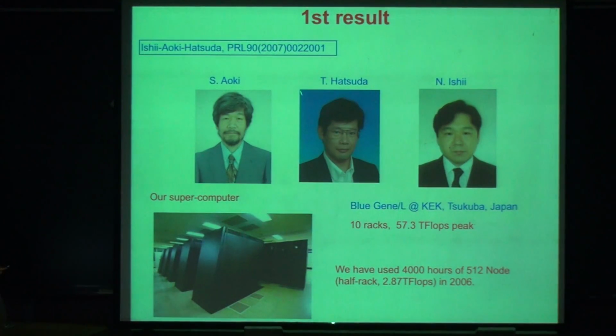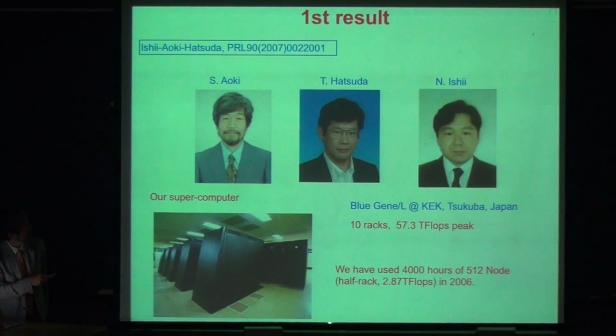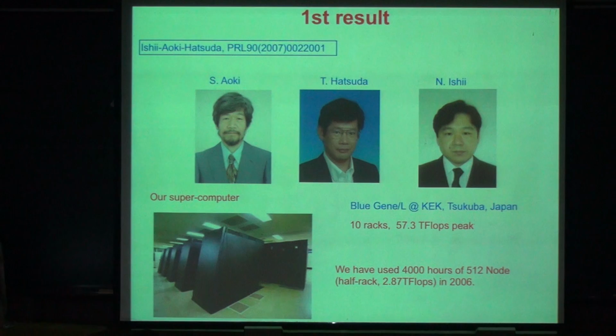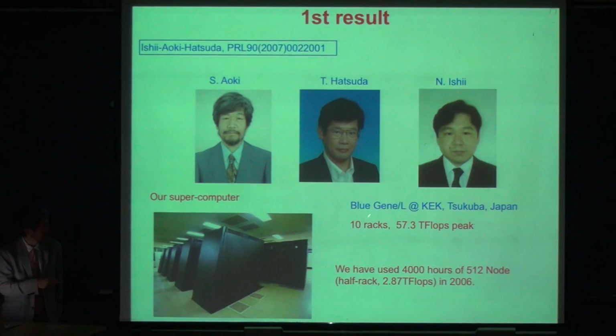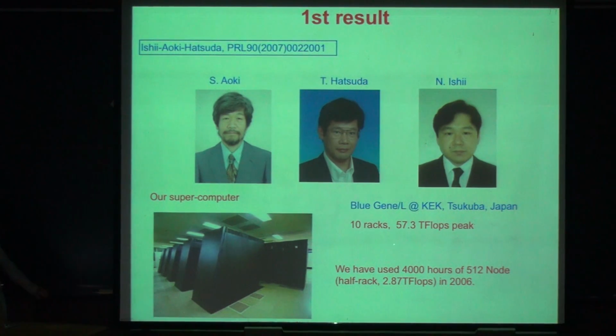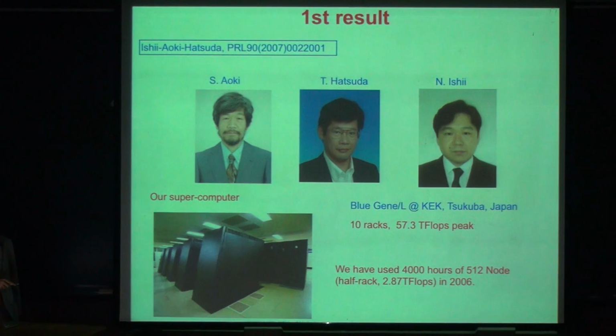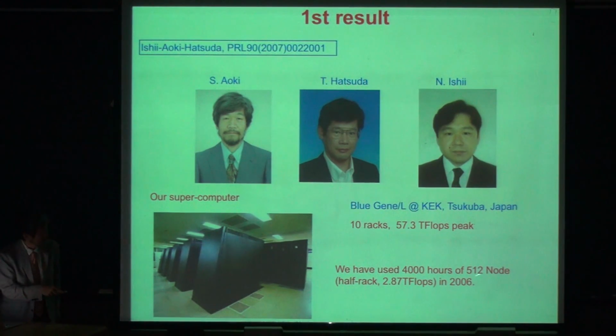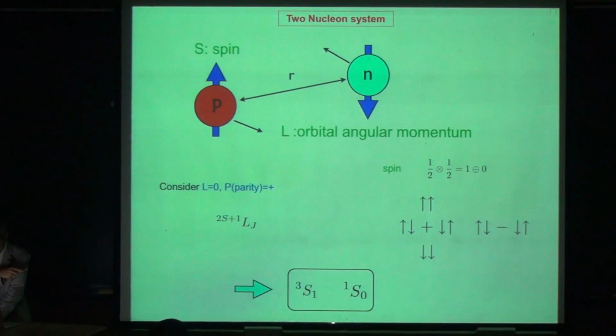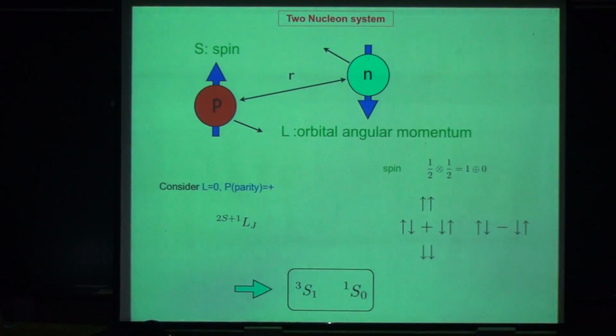The first result, we published in a paper in 2007 together with Tetsuo Hatsuda and Noriyoshi Ishii, using the supercomputer at that time, called Blue Gene at KEK. Nowadays it's not so fast, but at that time it was a very fast supercomputer. We consider two-nucleon systems.